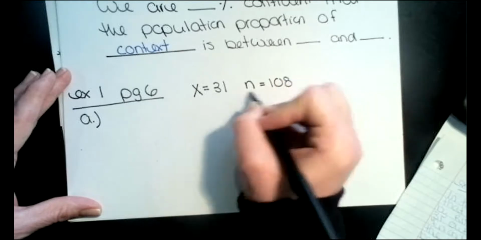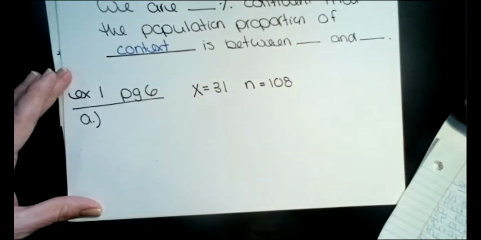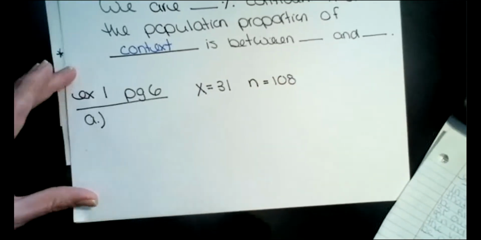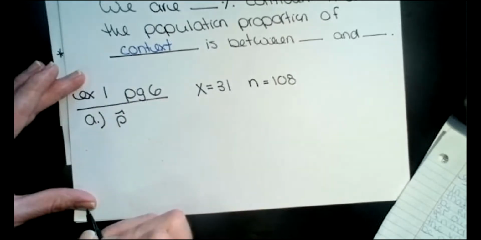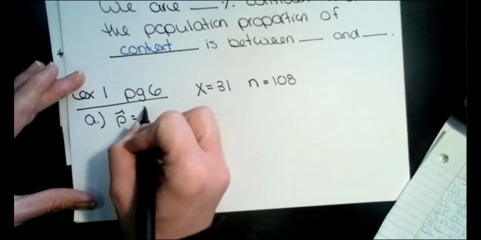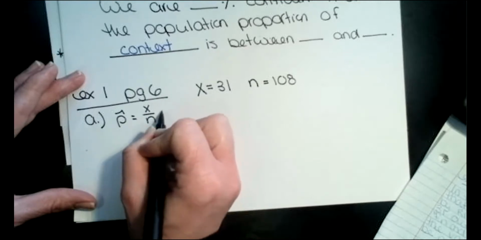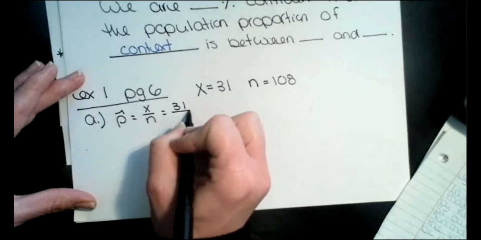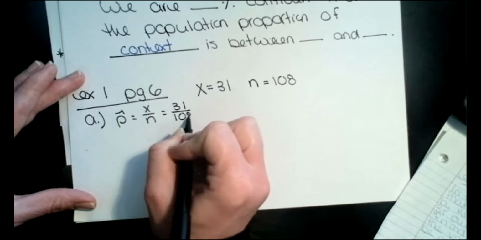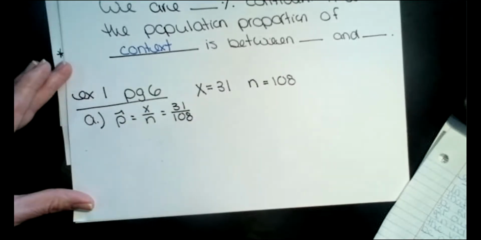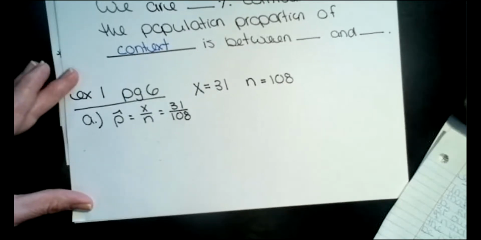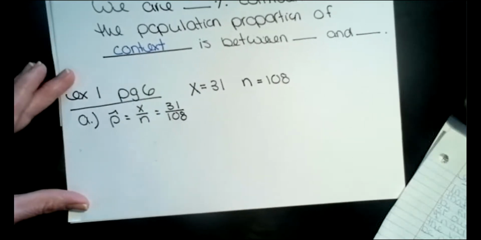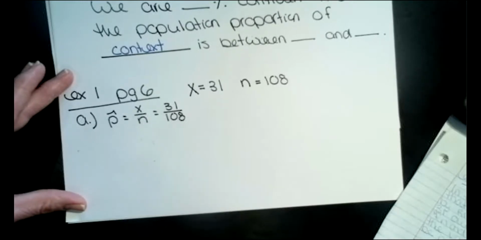So this is key for us because this is how I calculate my p-hat, right? p-hat is my point estimate, and that's my sample proportion, and that is equal to X divided by n, which is just 31 divided by 108. Now, yes, Minitab will give this to me, so I don't always have to do this by hand. It's just right now we're doing it. I think it means a little bit to us when we do this by hand a couple times before we just rely on our technology to do everything for us.